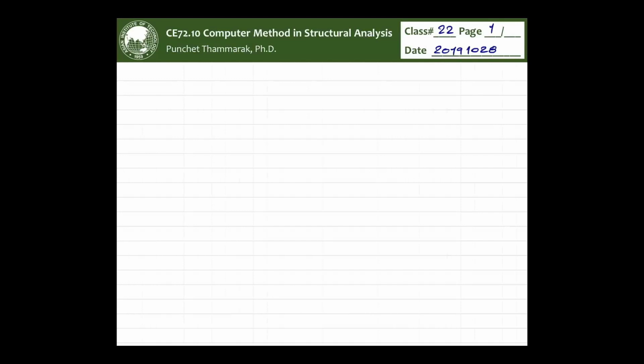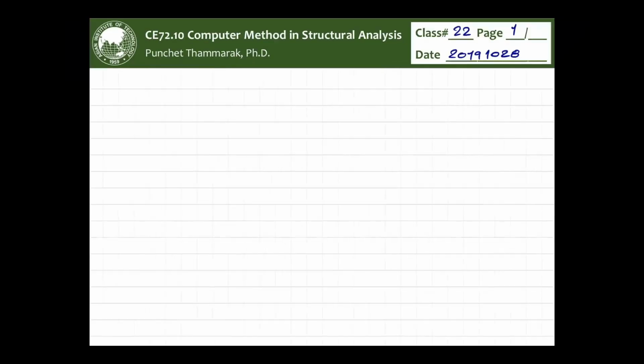Okay, so picking up from last time, we talked about the buckling load. We came up with the buckling load previously by solving the governing differential equation.